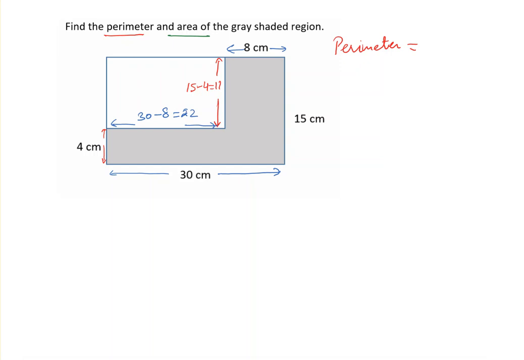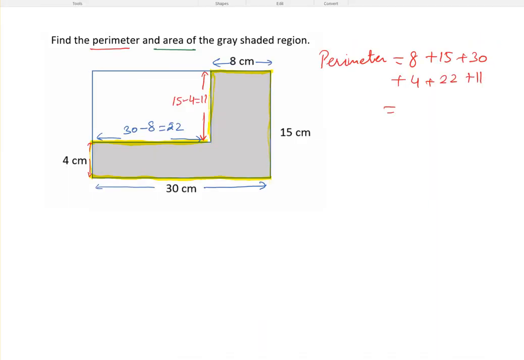We can simply add all the sides together. So the perimeter would be 8 plus 15 plus 30 plus 4 plus 22 plus 11, and the total perimeter is 90 centimeters.